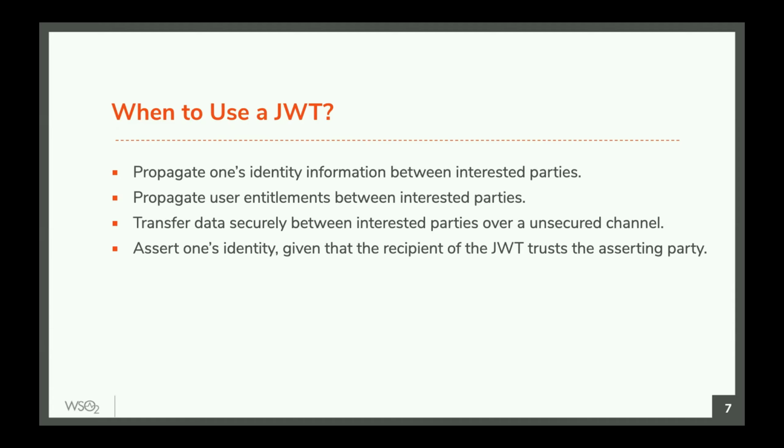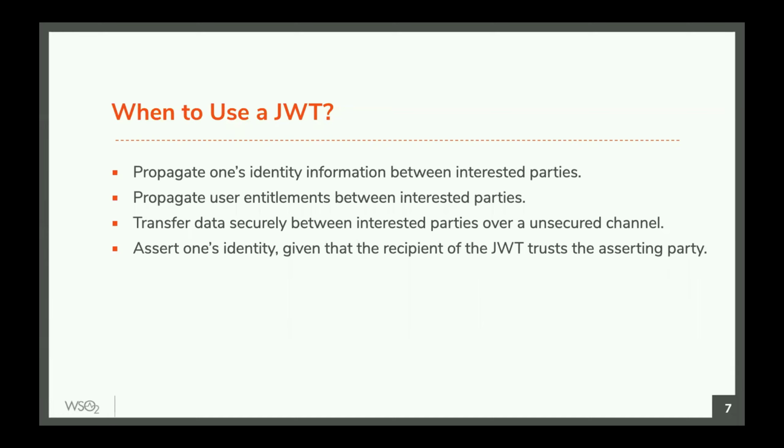You create a JWT, you put in a set of attributes, you sign it, then you pass it to the microservice, right? That's one use case of JWT. You can use it even within the microservice deployment when one microservice talks to another microservice. And also you can use a JWT to propagate user entitlement. So that's what we discussed before.